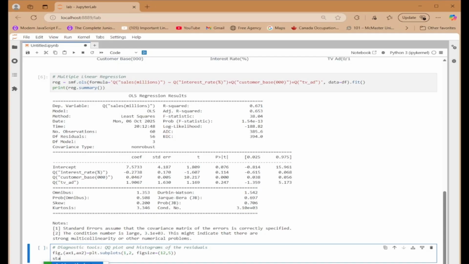stats.probplot. So what we're going to need: reg.resid, comma, dist equals norm, comma, plot equals ax1.